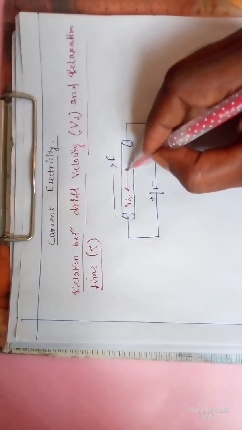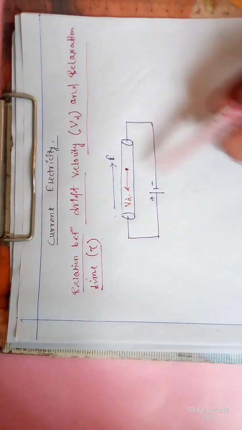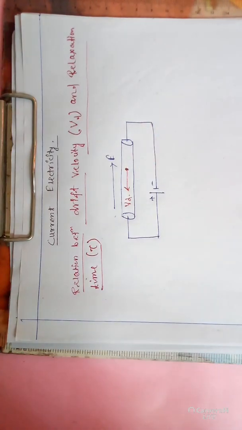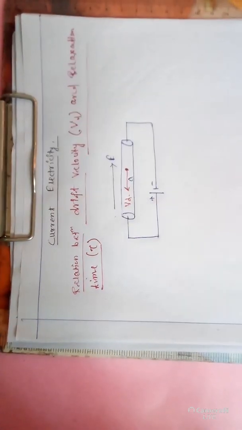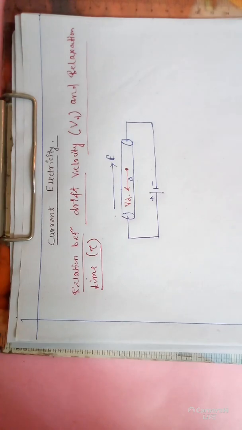Now when an electron is placed in a uniform electric field, a force will be experienced by this electron. First of all, we will calculate the acceleration. In this process some acceleration will be there, and this acceleration we have to calculate.